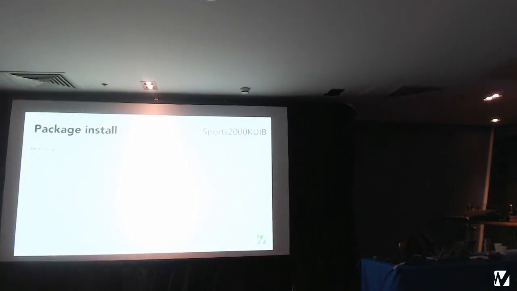Again, beast install. It will install the Sports 2000 backend structure as a progress application that generates a catalog and a JSDO file.